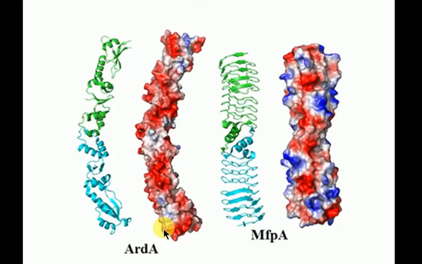Some more cool proteins. What do these two proteins do? I love these. These are proteins that have evolved to mimic DNA. How cool is that? So here's one, a fluoroquinolone resistance protein. It twists. It has the same curvature as DNA. And you put charges on it, and it has the charges in the right space.